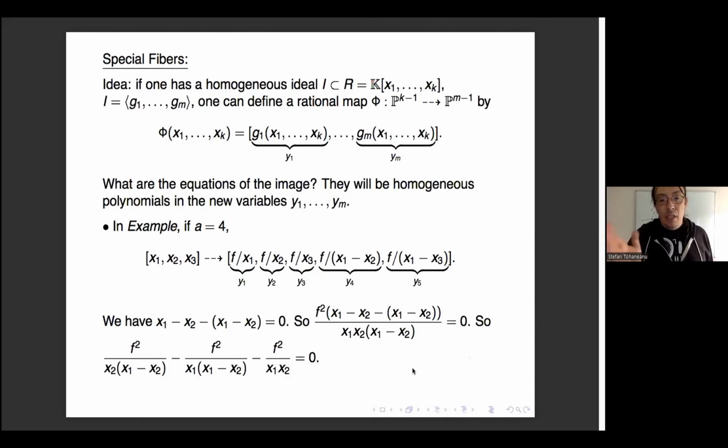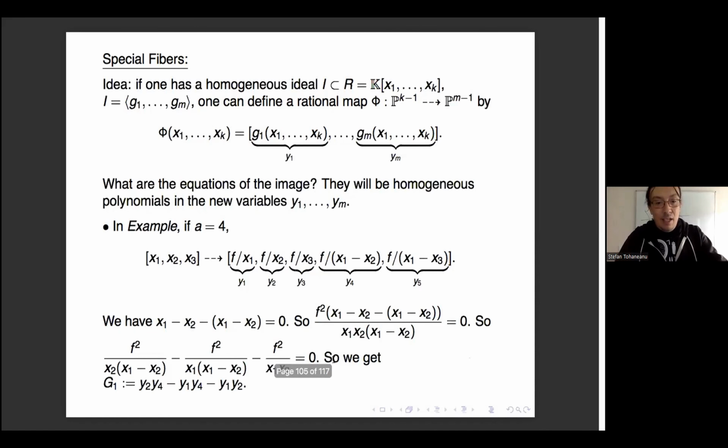Now we distribute, so we have f squared over x2 times x1 minus x2, minus f squared over x1 times x1 minus x2, minus f squared. And we see that we get this relation between the new variables: y2 y4 minus y1 y4 minus y1 y2.